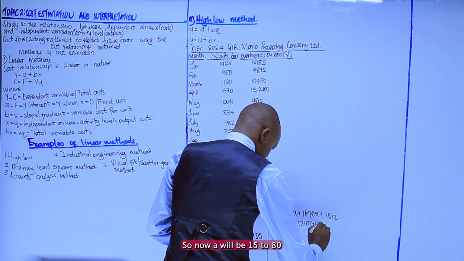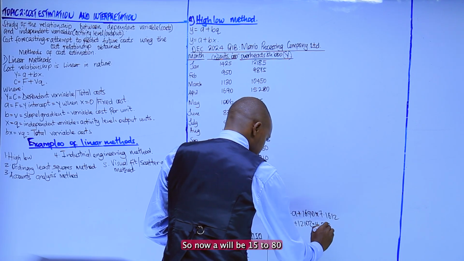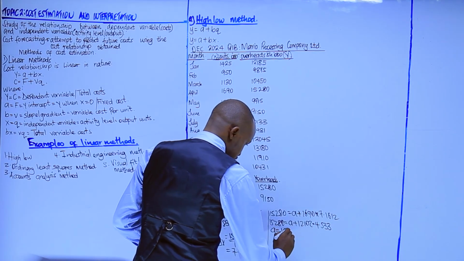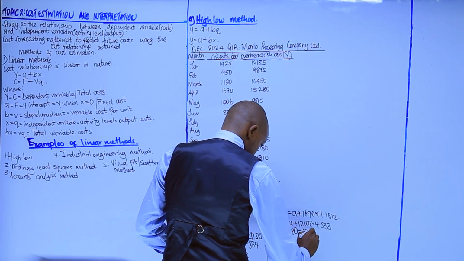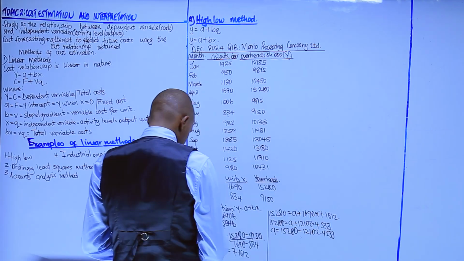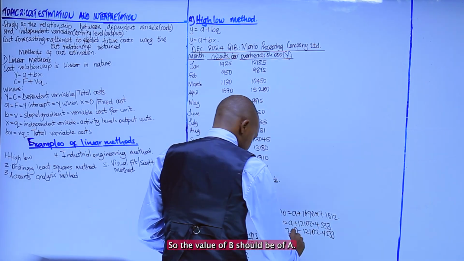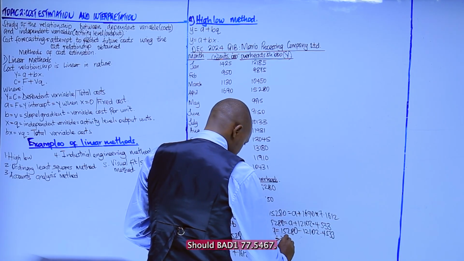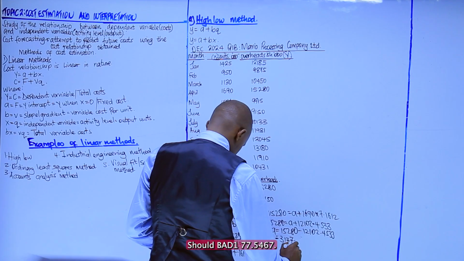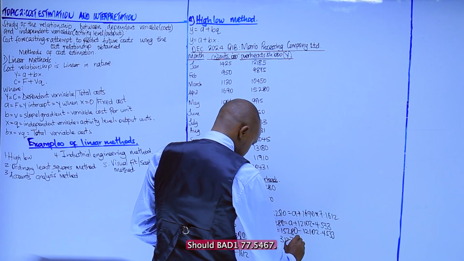So now A will be 15,280 minus, so the value of A should be 3177.5467.